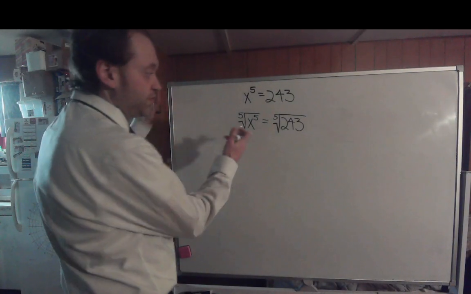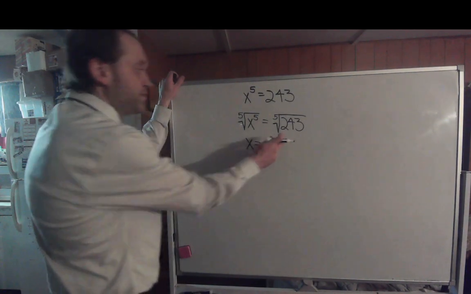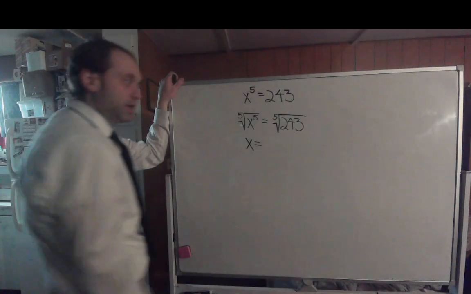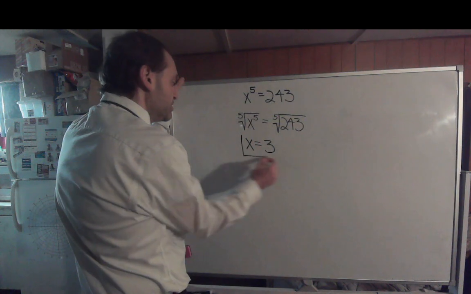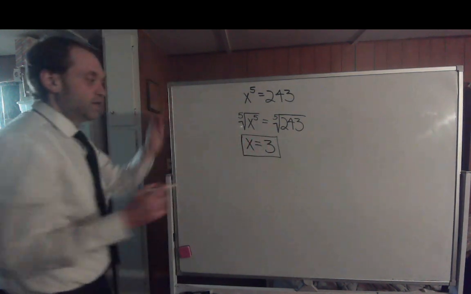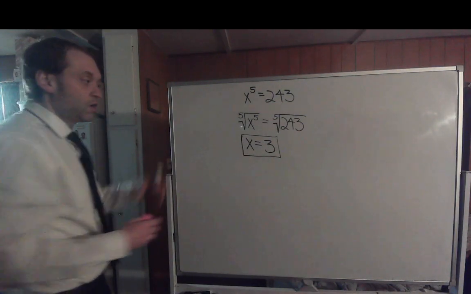Well, the 5th root of x to the 5th would just be x. That's going to equal the 5th root of 243, which would end up being 3. So you have only one real solution: x is 3. All right.